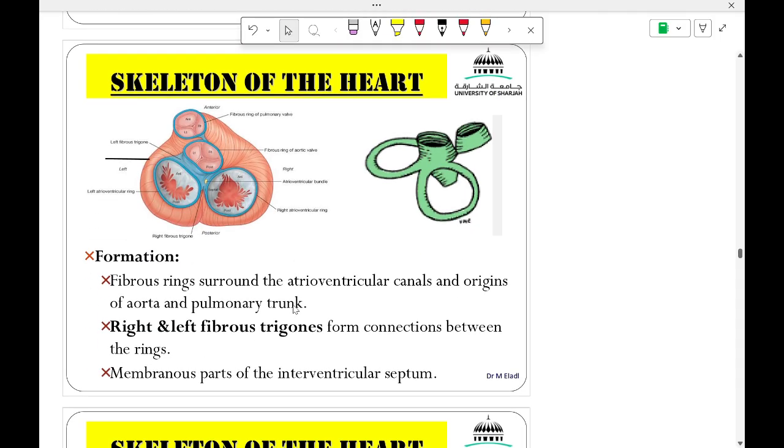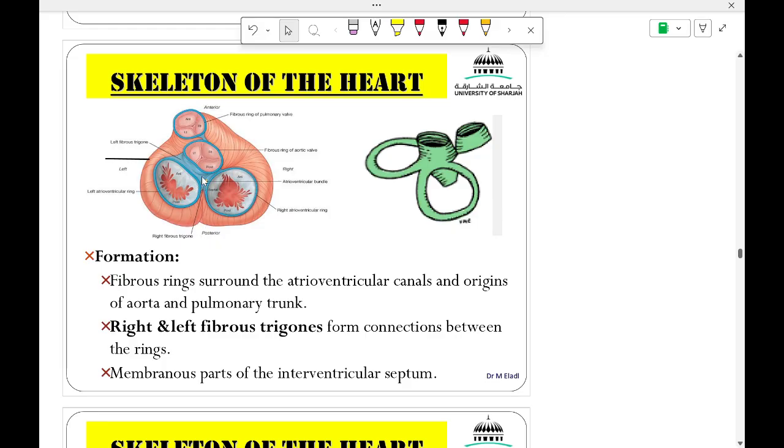Now, the skeleton of the heart, essentially just to keep everything in place, and of course, other functions of this skeleton, we have fibrous rings that are going to surround the valves, the mitral and the tricuspid valve, and of course, the origins of the aorta, okay, and the origin of the pulmonary trunk, okay. Now, these rings are going to be connected together by trigones.